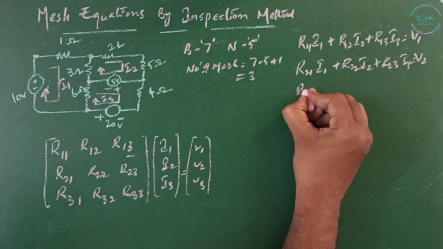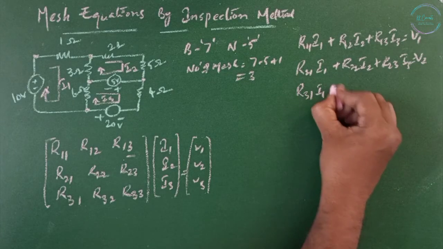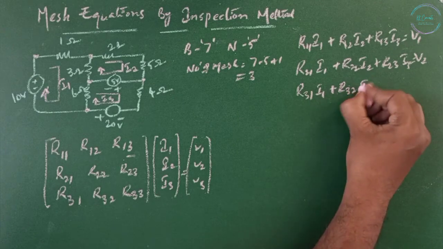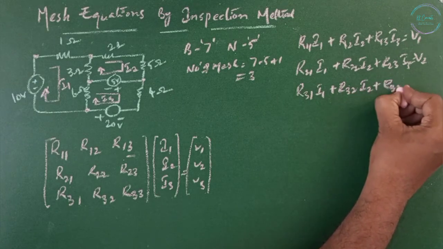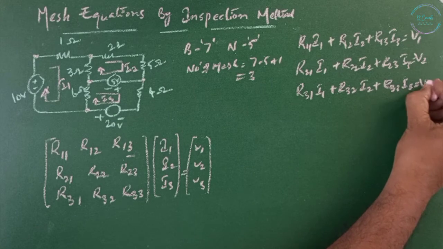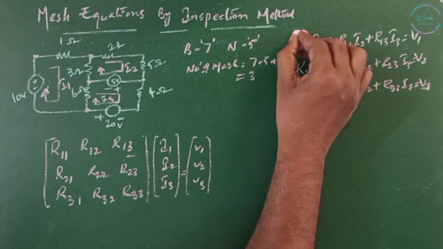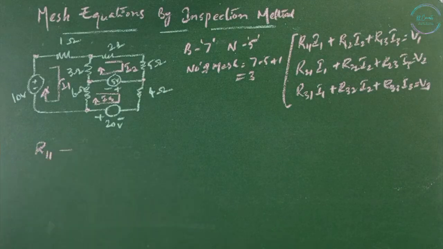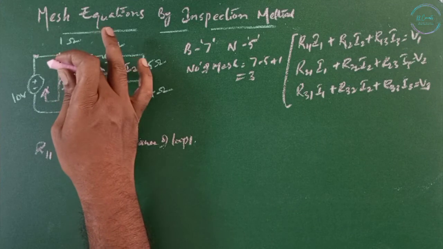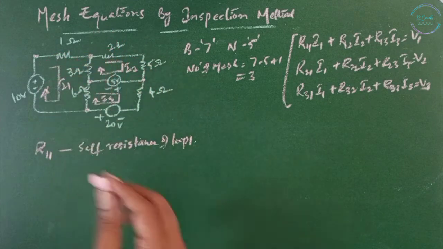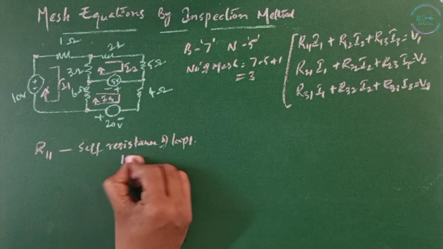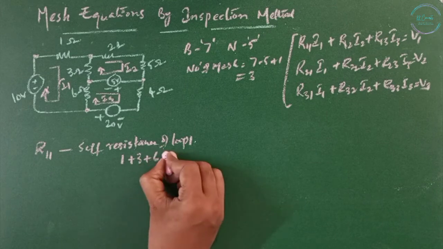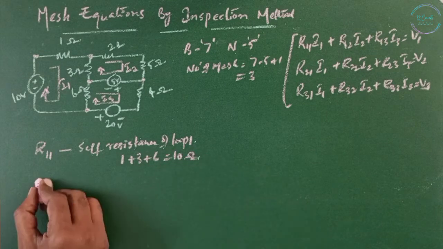Then R31 I1 plus R32 I2 plus R33 I3 equals V3. These are our mesh equations. So R11 is the self resistance of the loop. If you observe, this loop consists of 1 ohm, 3 ohms and 6 ohms. Totally it is 1 plus 3 plus 6, 10 ohms.